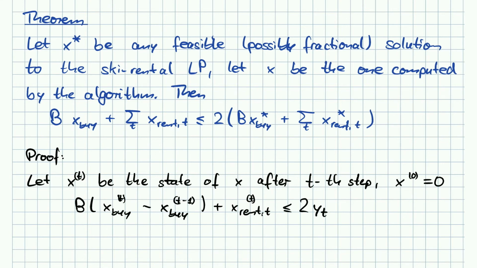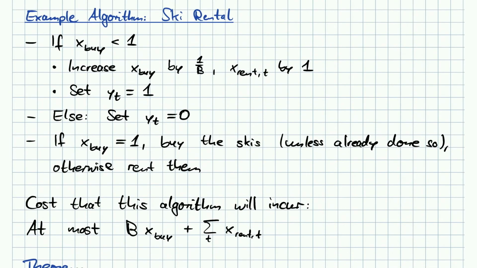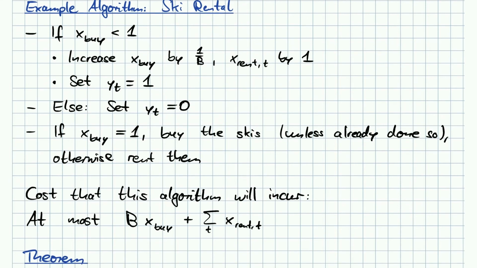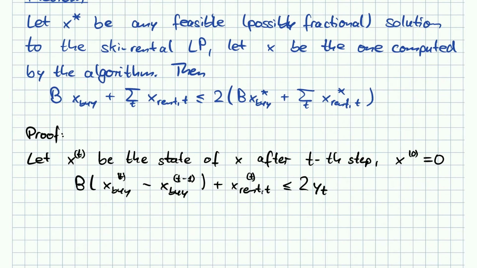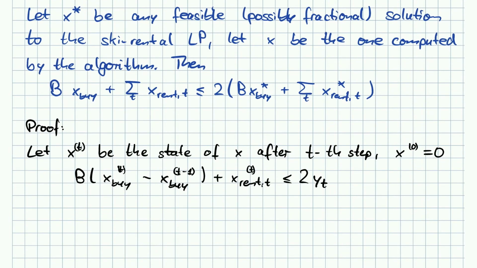Why is this? Let's look again at the algorithm. In this algorithm, by how much does x buy increase? It increases by 1 over b, and x rent t increases by 1. This happens only if we set yt to be 1, and otherwise we set yt to be 0. So this is exactly what we're using here.